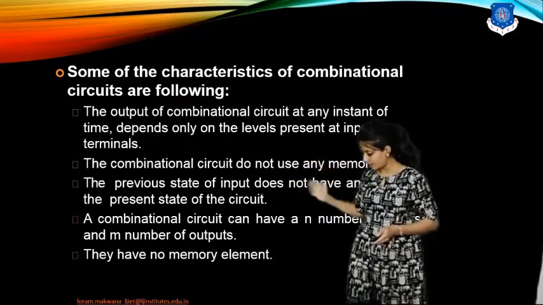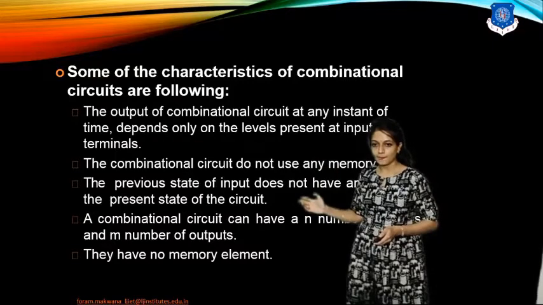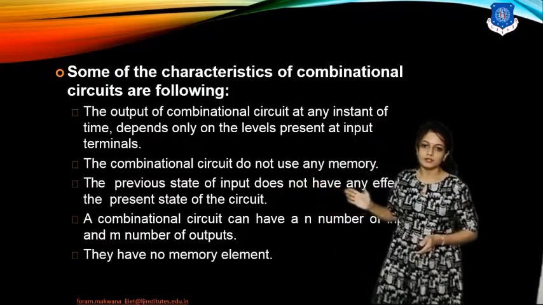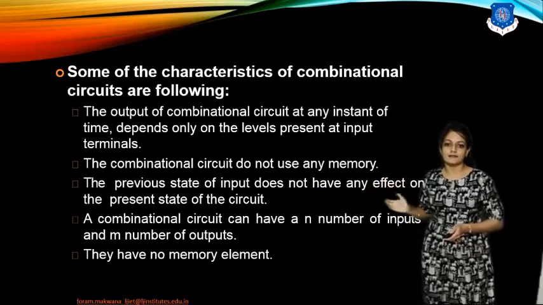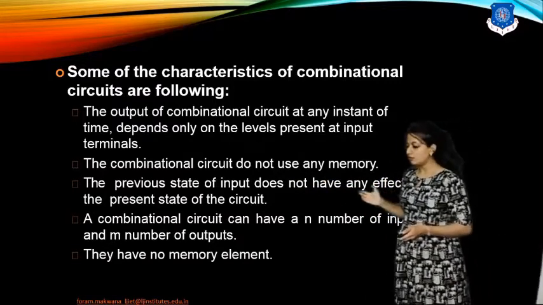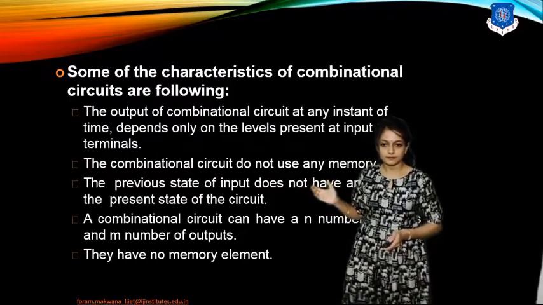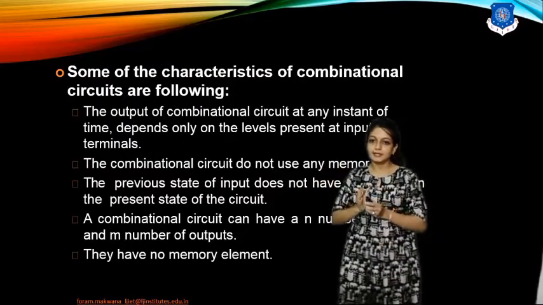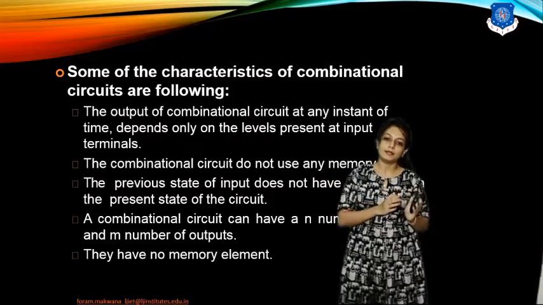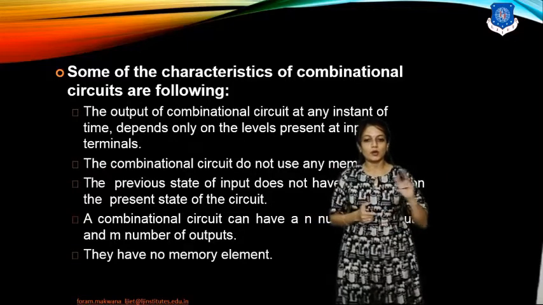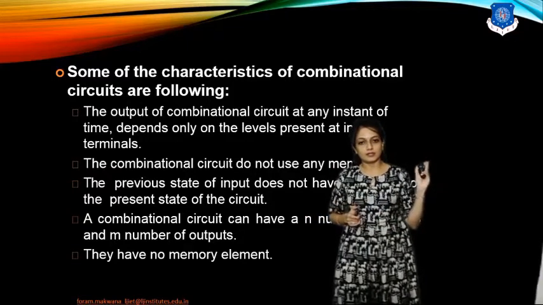Third, the previous state of input does not have any effect on the present state of the circuit. That means my output will depend only on the present state of the input. It won't depend on the previous state.